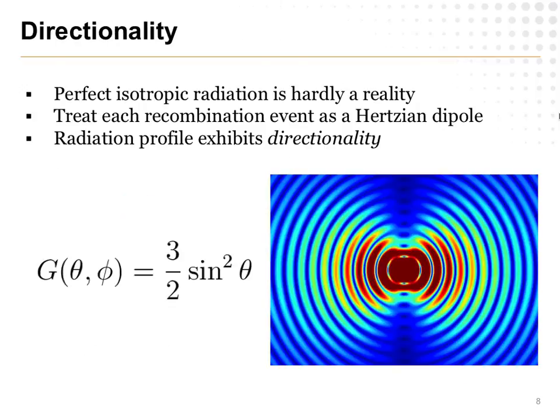All right, so let's change up the math a little bit. This idea of a perfect isotropic radiator is actually not what happens in real life. If you imagine an electron and a hole recombine, and there's a brief moment where there's a current density oriented this way, up and down, it would actually preferentially radiate all my light sideways.